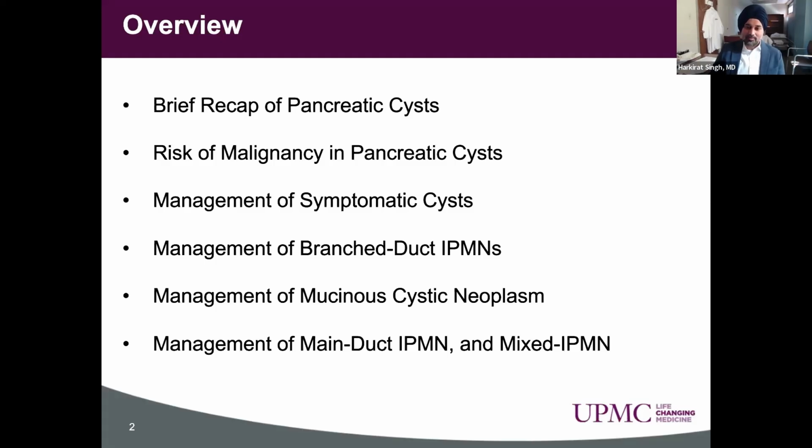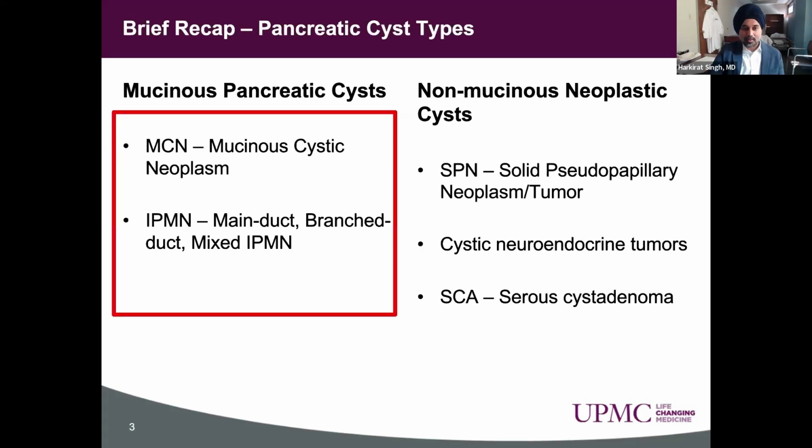We're going to discuss management of pancreatic cysts which are symptomatic, which give symptoms to the patient. And then we will discuss management of IPMNs, which are the most common pancreatic cysts, and other mucinous cysts. And this is a little bit more complicated than straightforward.